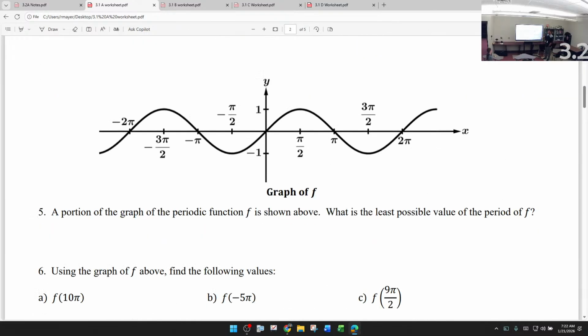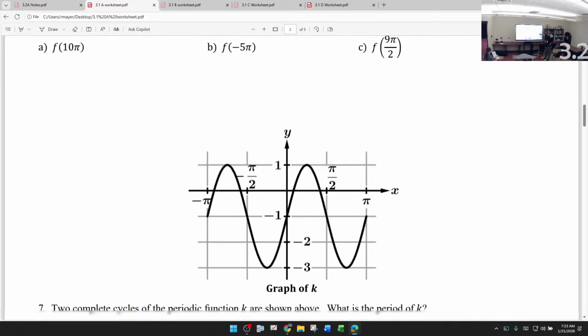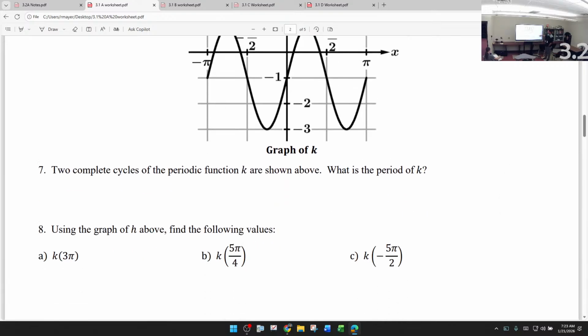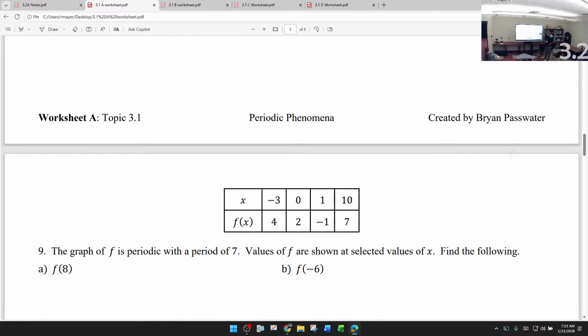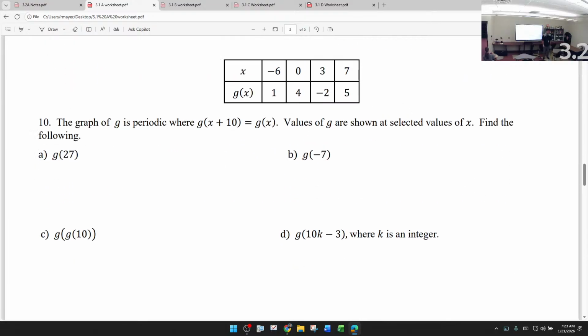Like I said, it's the entire unit. Everybody okay? Nothing? Yes, sir. G, this one? This question right here? Number 10?